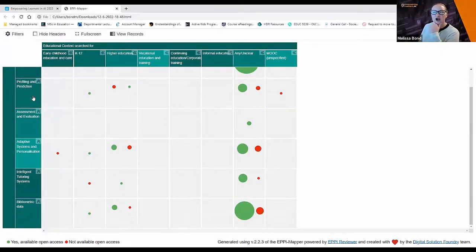If we consider the typology of AI in terms of profiling and prediction, assessment and evaluation, adaptive systems and personalization, and intelligent tutoring systems. And then I also added the ones that were really focusing heavily on bibliometric information.